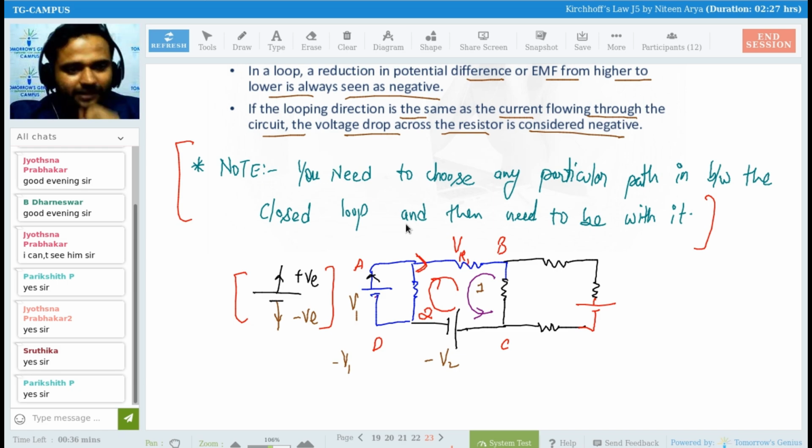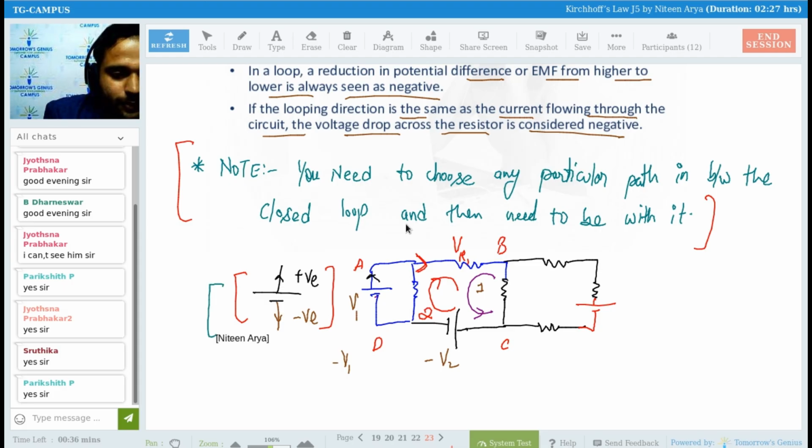If you take the path in which you are following the direction from positive to negative, then the potential difference at that particular cell or battery is taken as positive. Or I can write this in a reverse way.